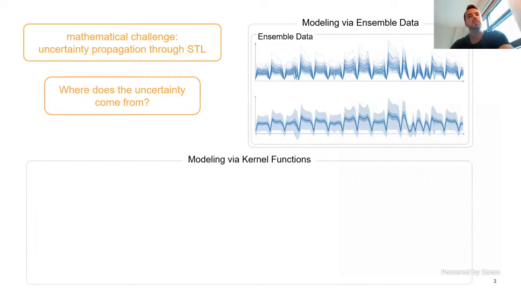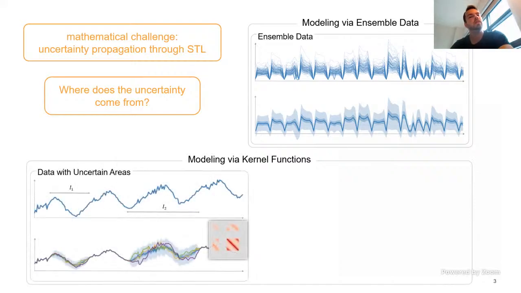What we also have is a modeling effect. If we have some data and we want to model something on top of it, then we can do that via kernel functions. We have presented a first application scenario that is data with uncertain areas. So if you have some data and you are not sure if some areas are really certain, then we also propose a technique how you can put some uncertainty on top of it, as you can see in this example.